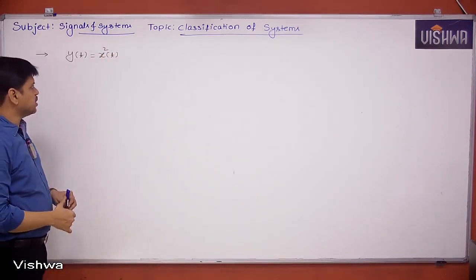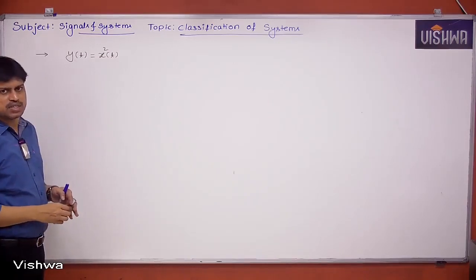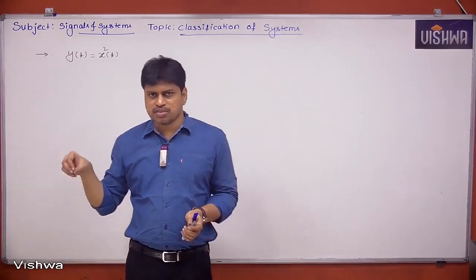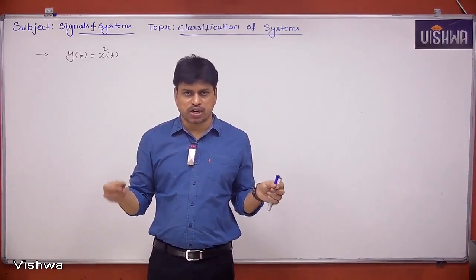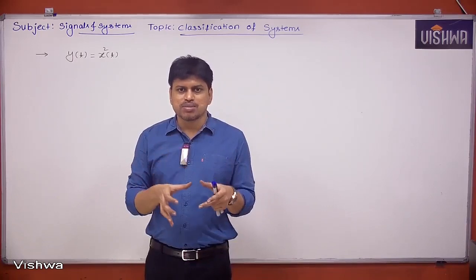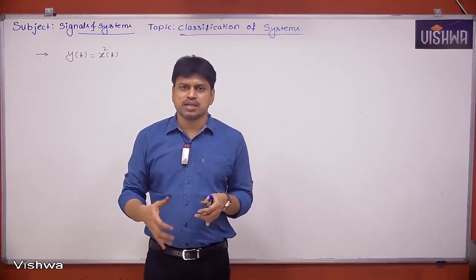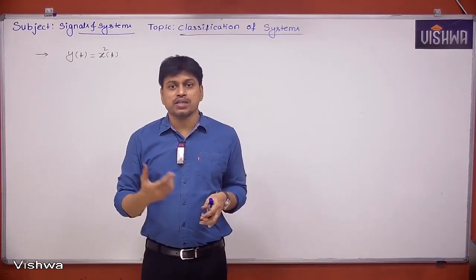Now try to understand what the functionality of the system is. What is the functionality of the system? Suppose the input is x of t, we are getting output x square of t. That means, what is the system doing on the input signal so that I can get the output? Simply I can say the system functionality is squaring the input.